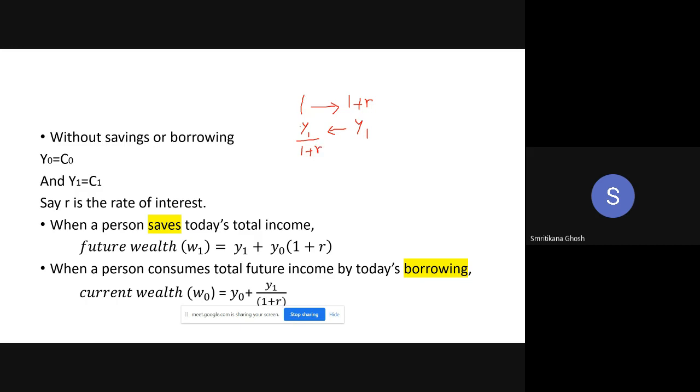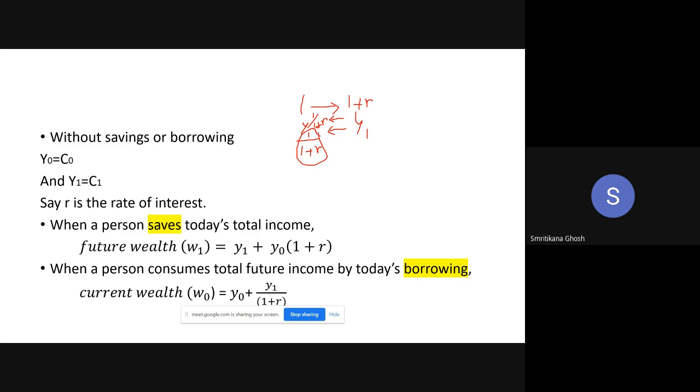If you borrow 1 rupee today, then tomorrow you have to pay 1 plus r. Written the other way, for 1 rupee repaid, today you can borrow 1 by 1 plus r. Tomorrow you are going to earn Y1, so you will pay Y1.